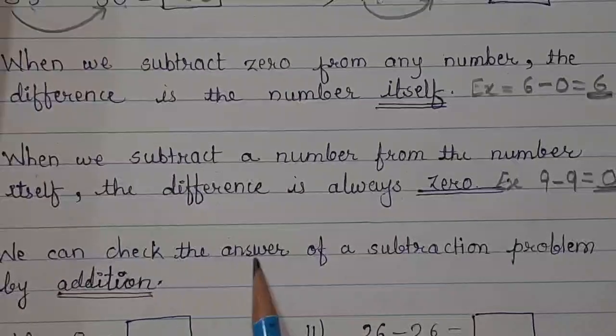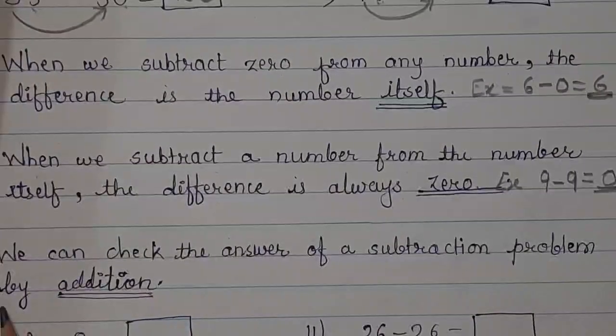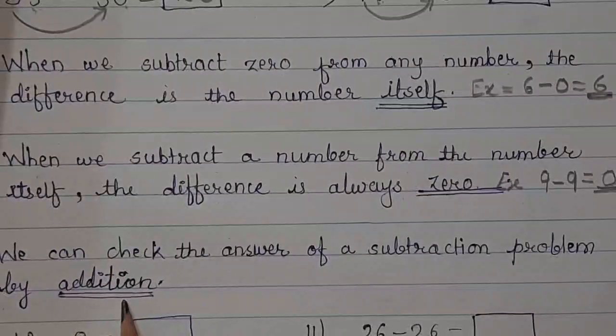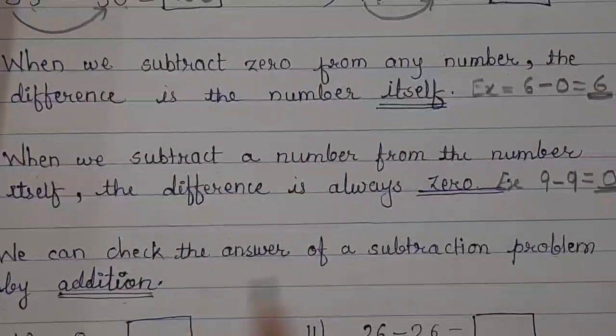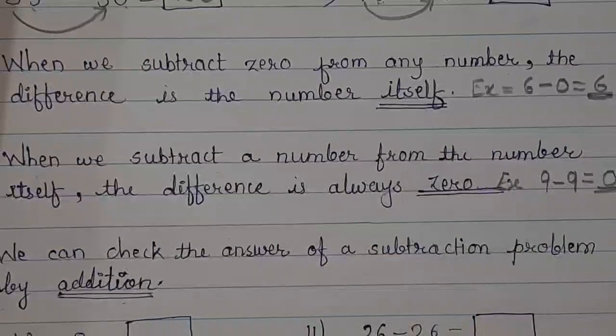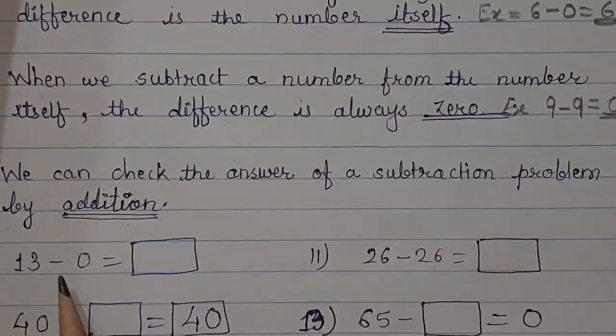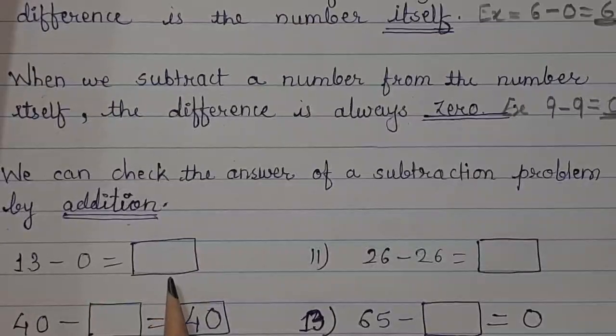We can check the answer of a subtraction problem by addition. See, we have checked the subtraction sum by addition. That sums we have solved already. Now see next one. 13 minus 0 is equal to dash.